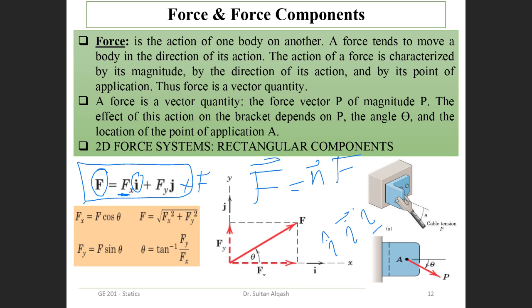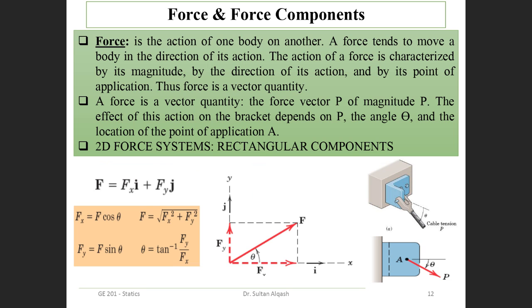Like this support, and they have this rope, and the force is exerted here. If you look from this side and you want to analyze this and put it in 2D, the forces on this rope are in this direction, so I can define the Cartesian coordinates x, y, z.